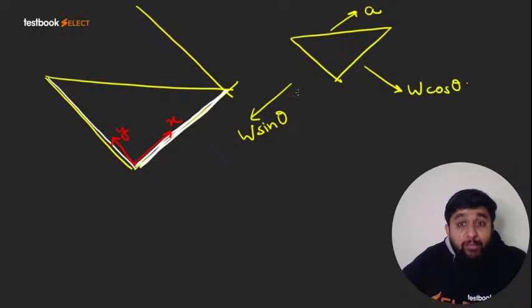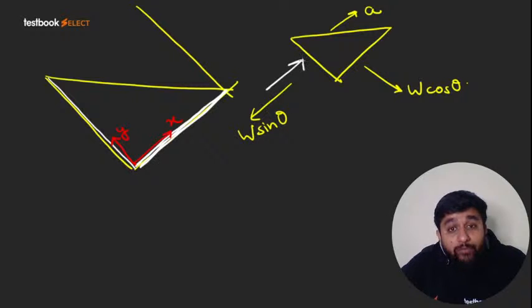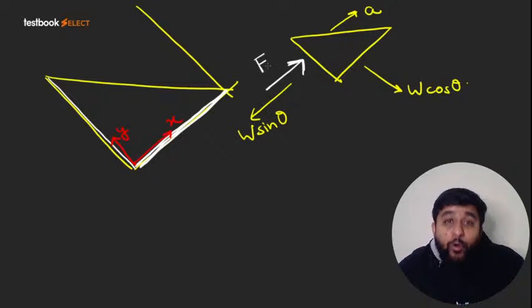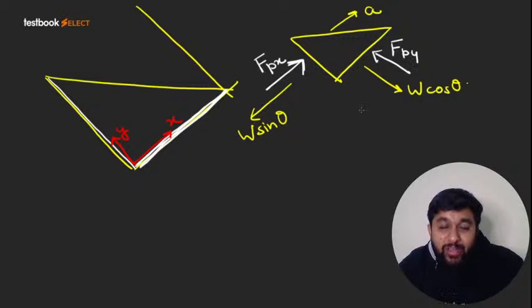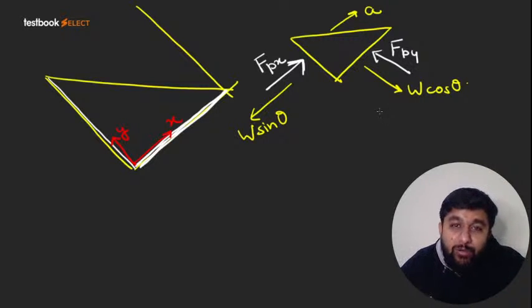Also, the water element is in contact with the surface of the container. So there will be a pressure force between the water and the surface of the container. Let us call this the pressure force along the x direction. Similarly, here also there will be a pressure force along the y direction, and I think this is what we want to find out.